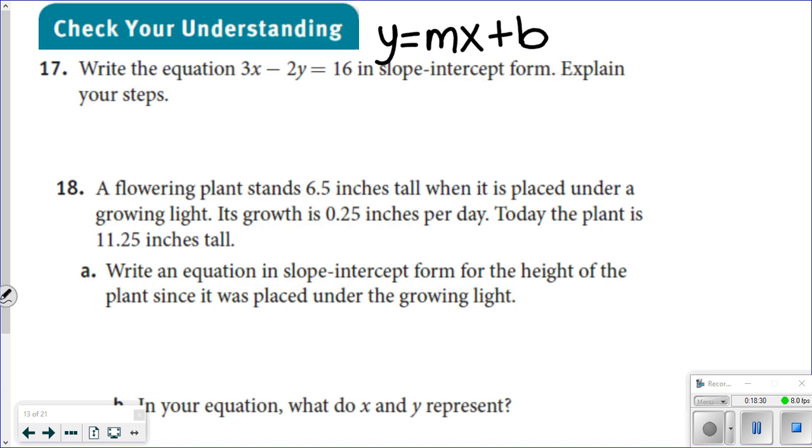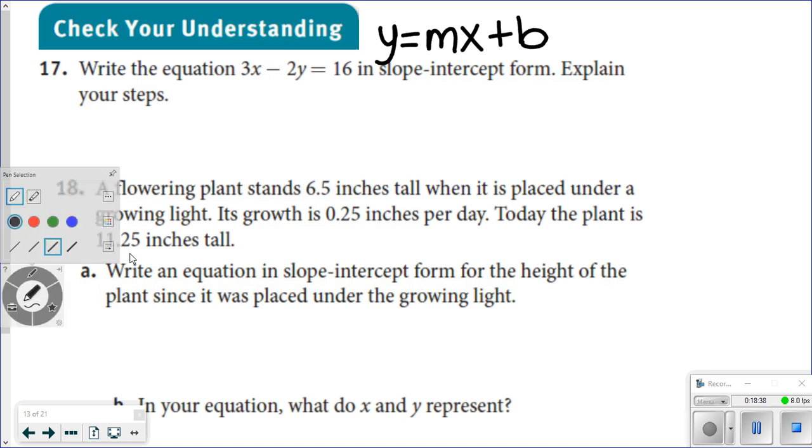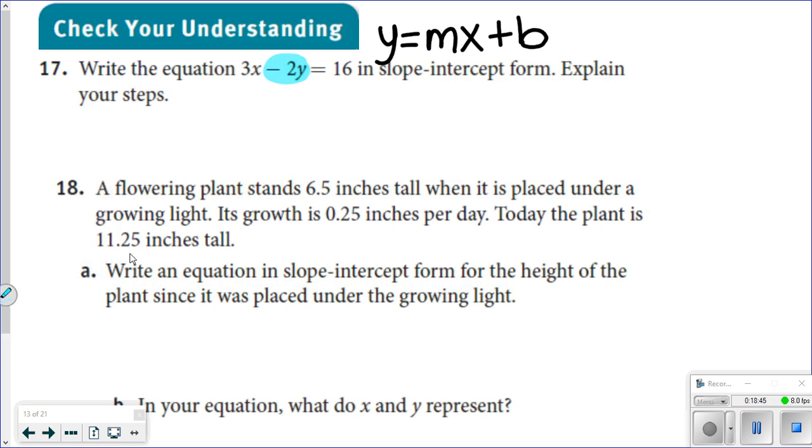So what needs to be alone, all by itself on the left-hand side? y is all by itself. So what we need to do here is isolate or solve for y. So I need to get -2y alone first. So let's subtract 3x from both sides.